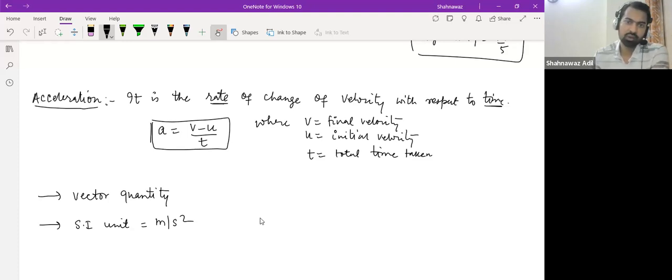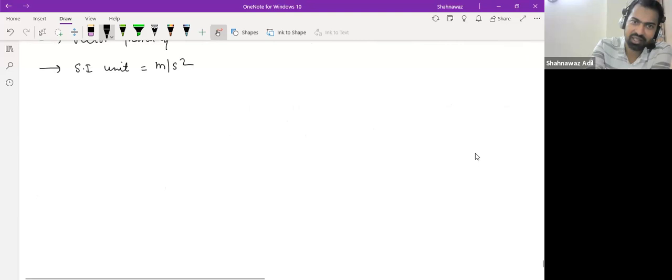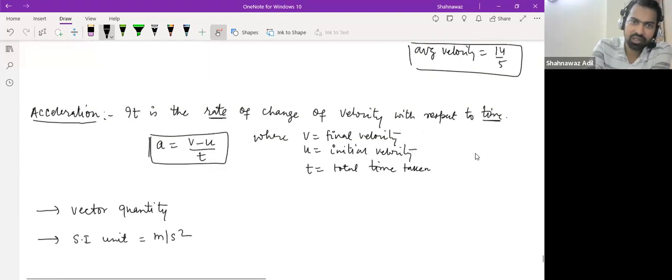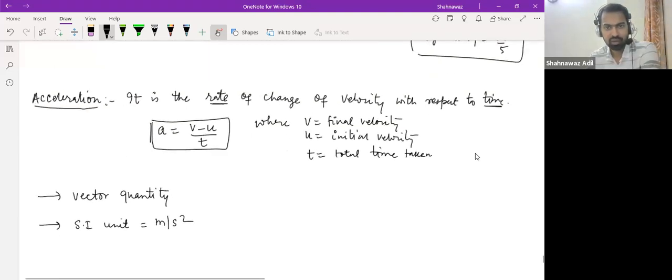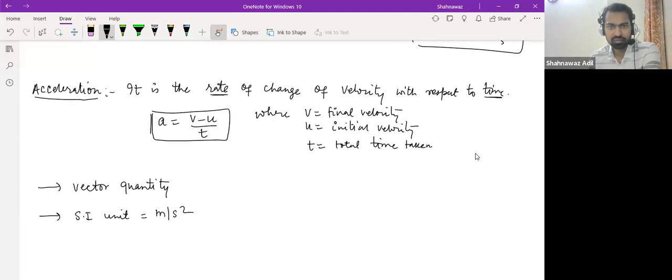So this is about acceleration. Is this clear, guys? Yes, sir. Okay. Then again, we have the same diagram. Did you guys note down this part?